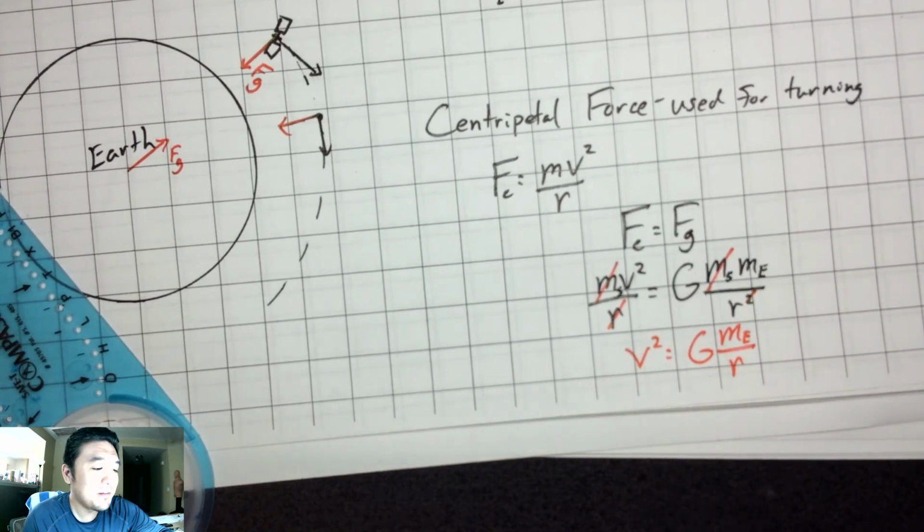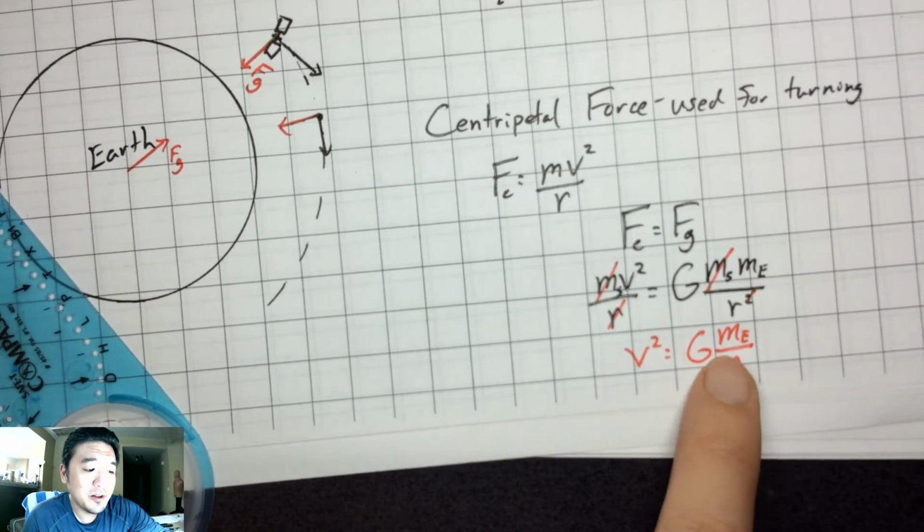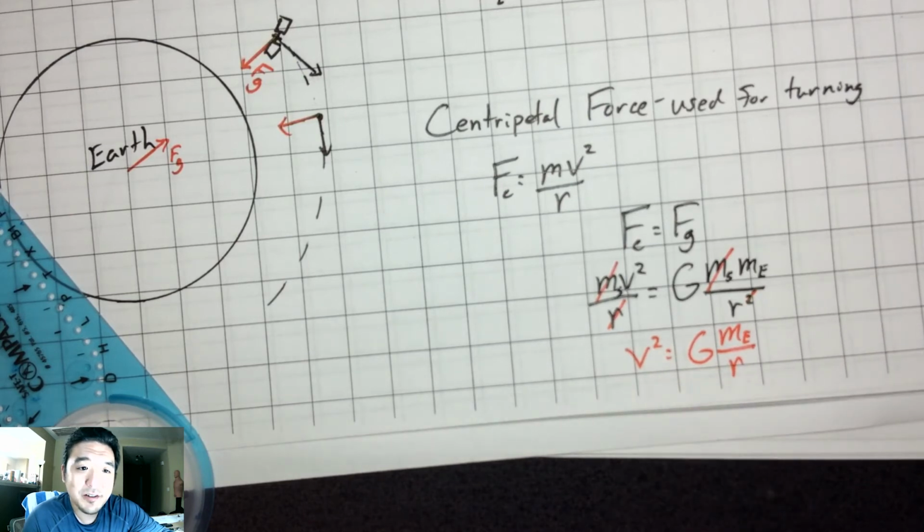If you want to figure out how fast you need to be moving at the surface of the planet to just orbit around at the surface, given no air resistance, you just put in the mass of the Earth and the radius of the Earth, and square root that times G. It turns out you got to move pretty fast.